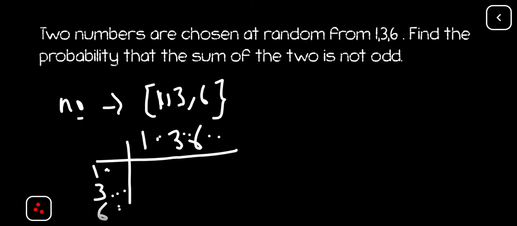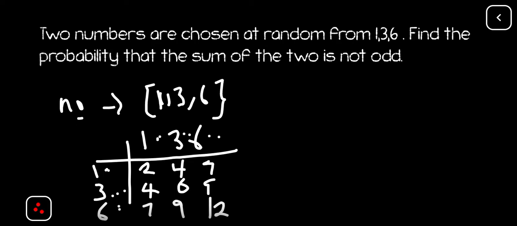If it is 1 and 1, the sum will be 2. If it is 1 and 3, the sum will be 4. 1 and 6, the sum will be 7. If it's 3 and 1, it will be 4. If it's 3 and 3, it will be 6. If it's 3 and 6, it will be 9. If it's 6 and 1, it will be 7. If it's 6 and 3, it will be 9. If it's 6 and 6, it will be 12.